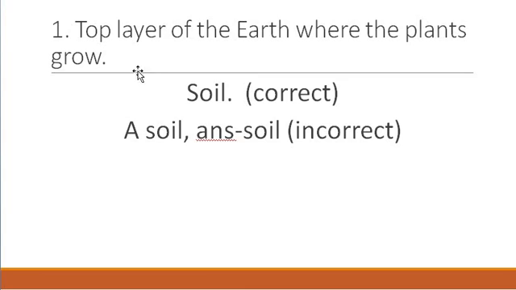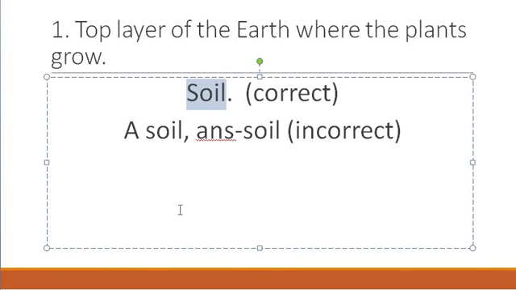Suppose the first one word answer, the question is: top layer of the earth where the plants grow. Correct answer is soil. So dear students, carefully pay attention here. Soil, S starts with a capital alphabet. If you start any statement or sentence, the first alphabet should be capital.